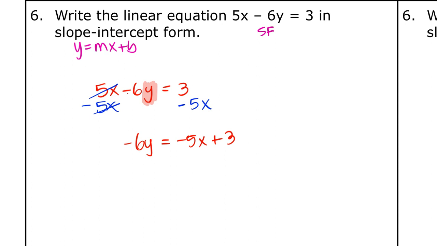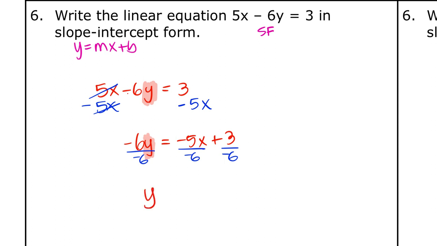So if you take a look, we're closer, but y is still not by itself. So when you have a number and a letter just pressed up together like that, that means multiply. In order to undo this, we are going to divide everything by negative 6.